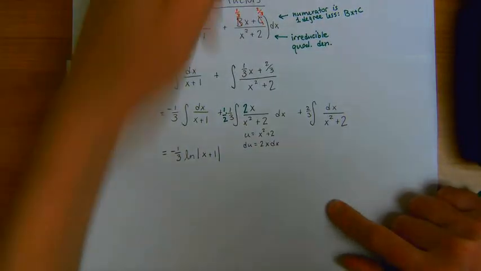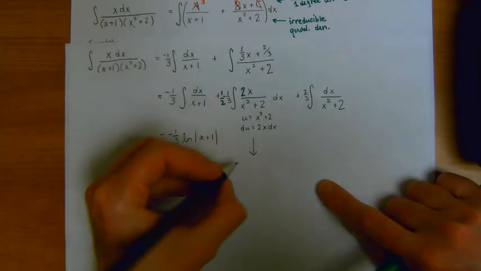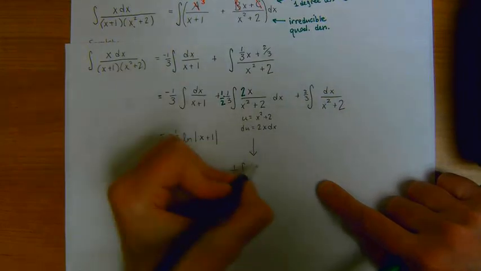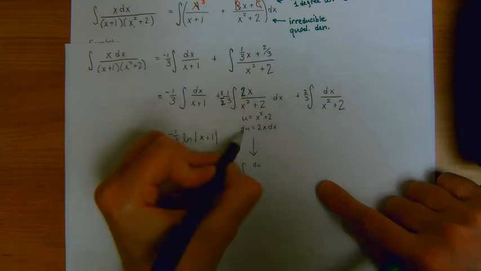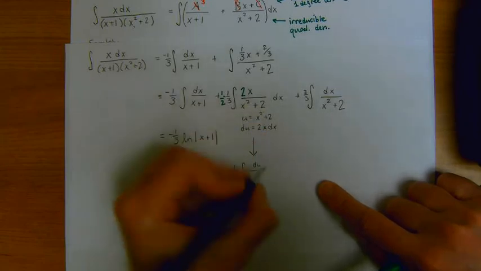So now maybe I should continue this work downwards. We see that this gives me 1/6 times the integral of, I'm going to combine the 2x and the dx together, make my du, and x squared plus 2 is u.